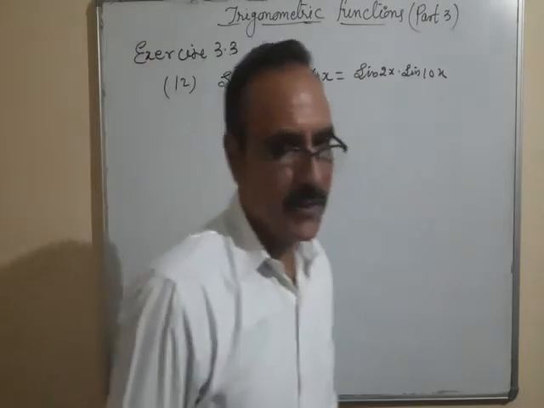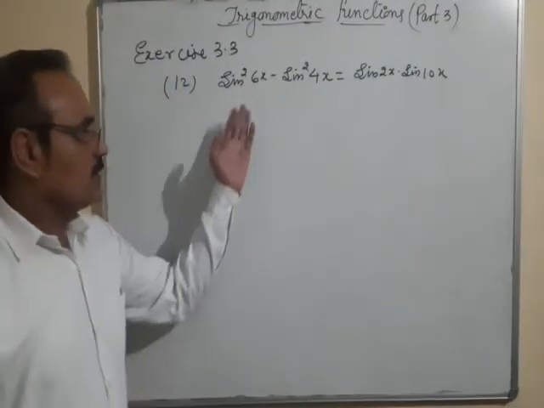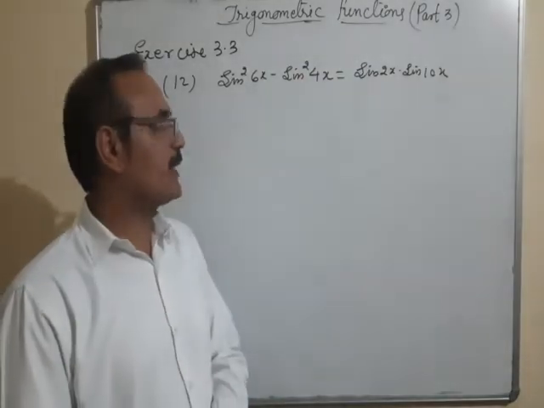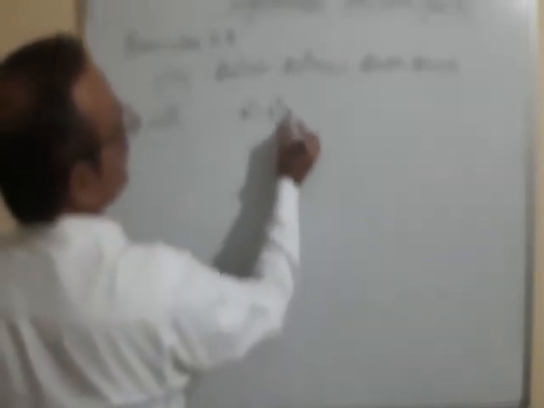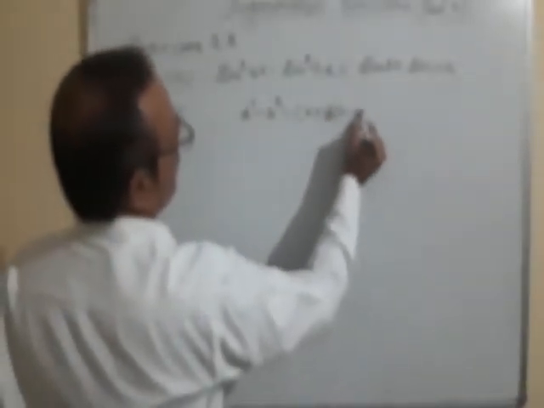No identity is used here. Yes or no? Sin square 6x minus sin square 4x is simply a square minus b square. What is it? A square minus b square is equal to (a plus b) and (a minus b).